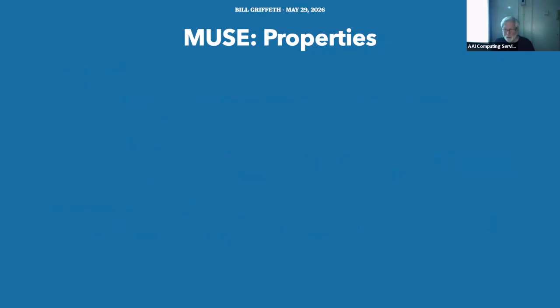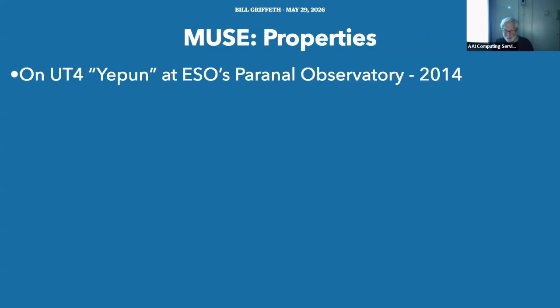MUSE was installed in 2014, as I mentioned, on the 8.2 meter Unit Telescope number 4, named Yepun, at Paranal Observatory in Chile's Atacama Desert, the driest place on Earth. Paranal is operated by the European Southern Observatory, or ESO.